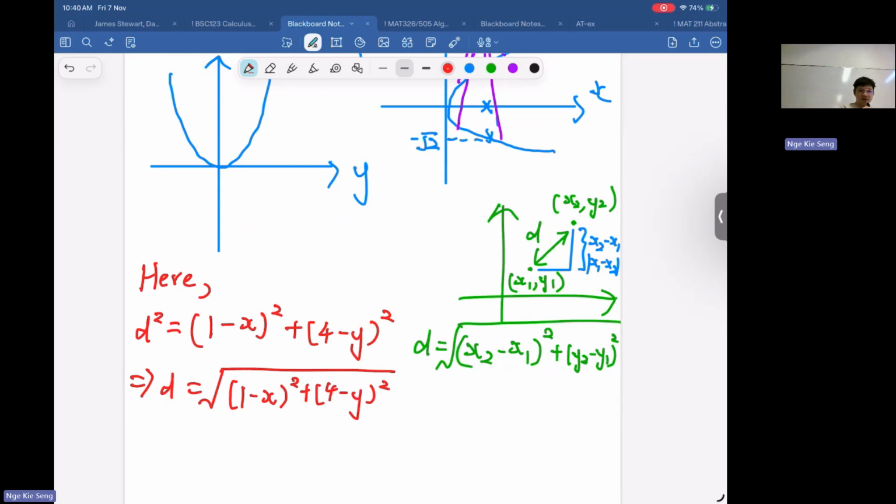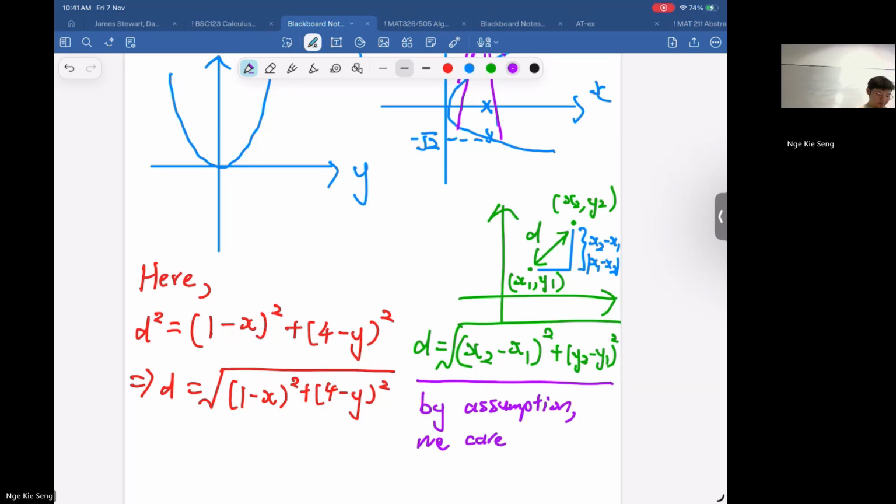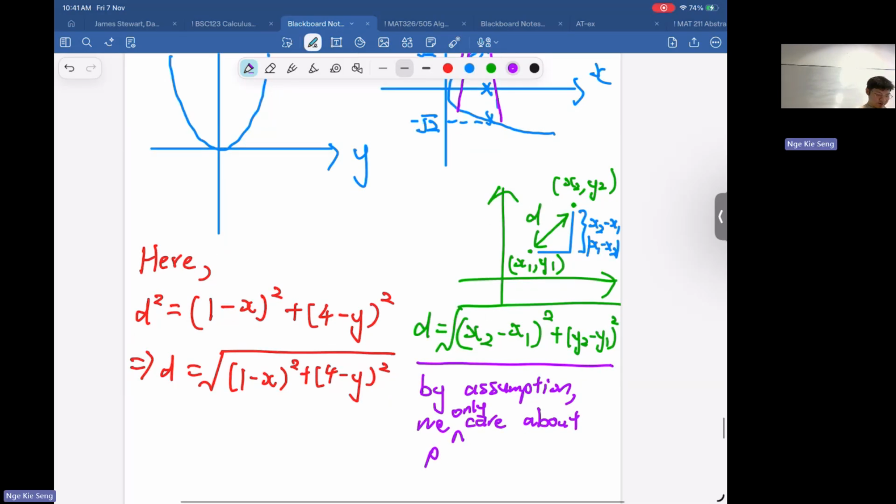So should we? Okay, there are a few ways to substitute. Maybe I give you some choice to do. So let's write down our assumption here first. By assumption, we only care about points on y squared equals 2x.